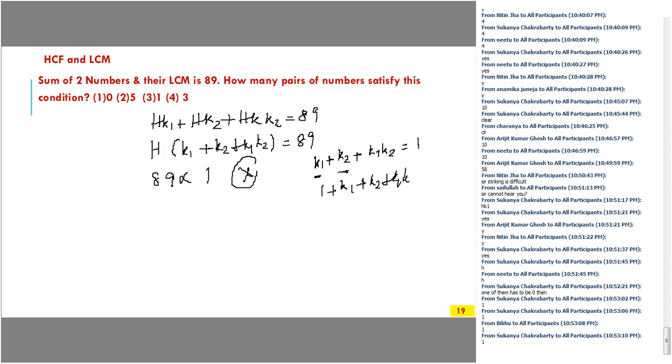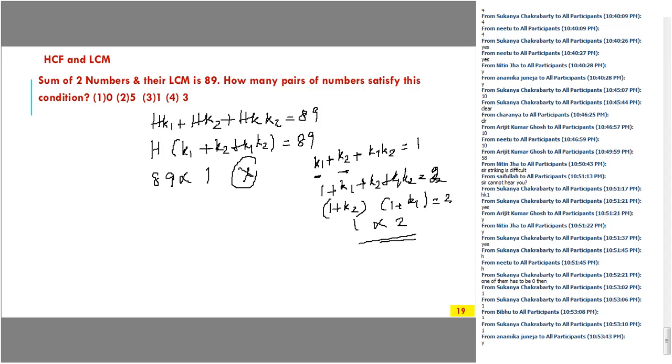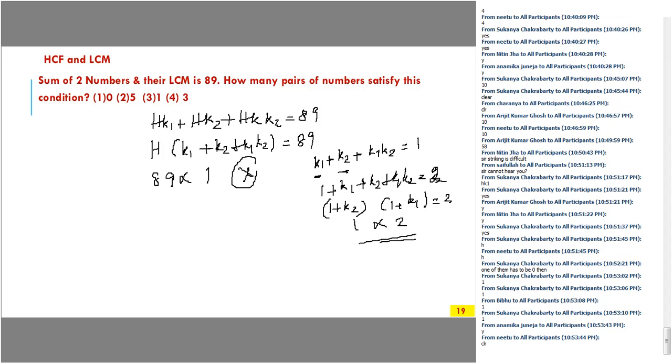Add 1 on both sides. 1 plus K1 plus K2 plus K1, K2 equals 2. It means 1 plus K1 into 1 plus K2 equals 2. So it's 1 into 2. That means either K1 or K2 should be 0, or not? How many are clear?